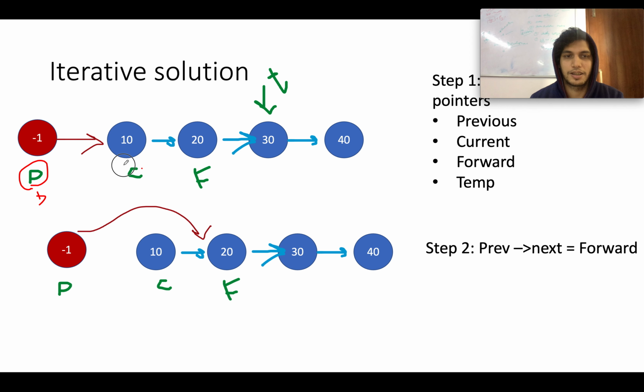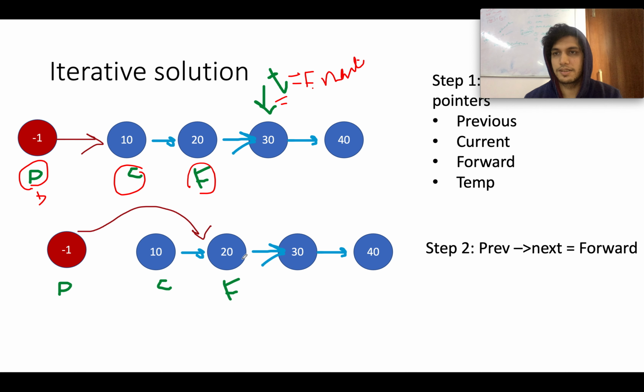So this becomes the current node. Forward turns out to be current.next, and you'll also store a temporary node for the next iteration to happen. So I'll call this temporary node, and this is equal to forward.next. So everything is going in succession. Current is previous.next, forward is current.next, and temporary node is forward.next.